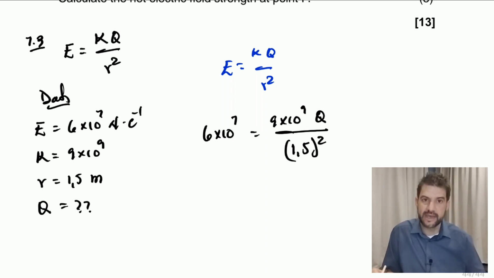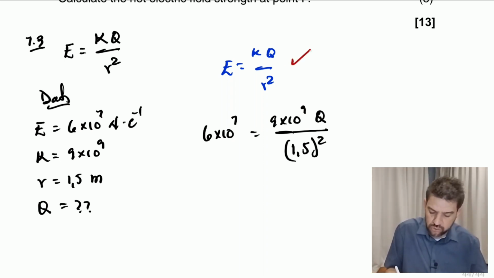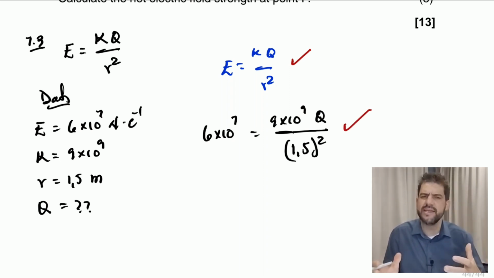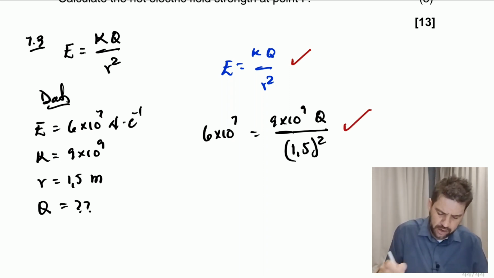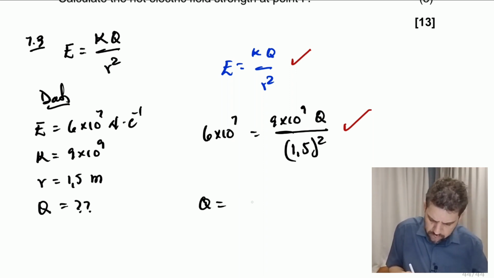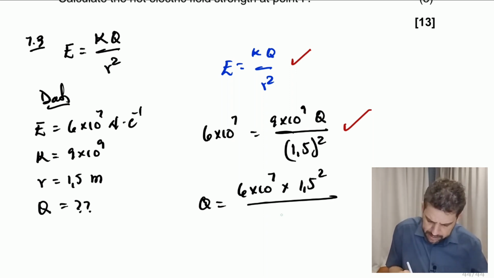And the rest is calculation. Now you may rearrange, but already you got 2 marks. That's why I say do not rearrange, rather do it at the end. So now if you rearrange, guys, you will get that Q is equal to 6 times 10 to the 7 times 1,5 squared divided by 9 times 10 to the 9.